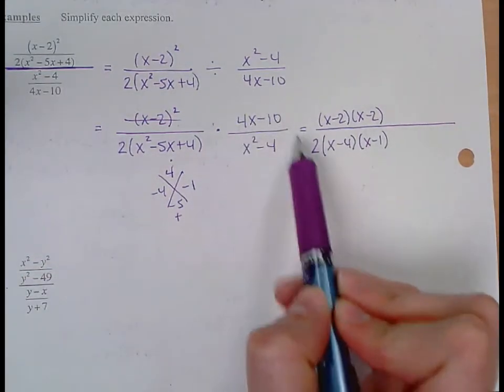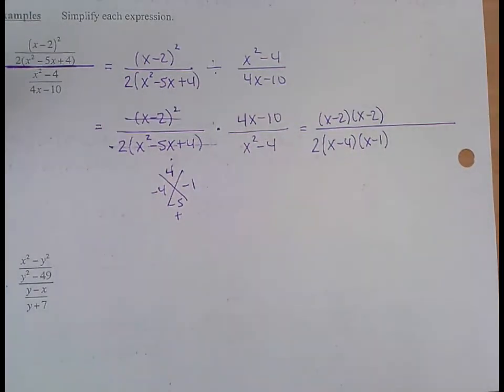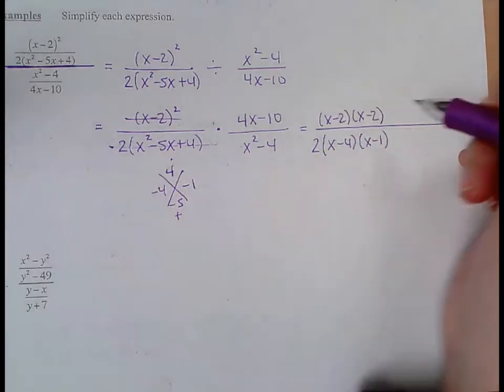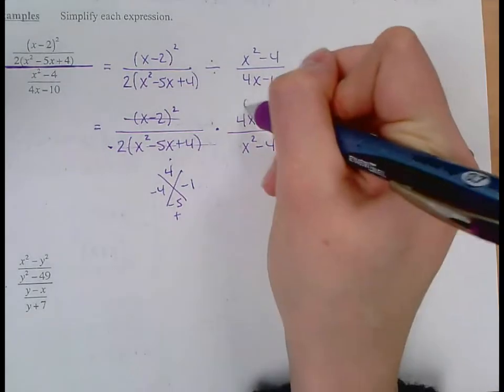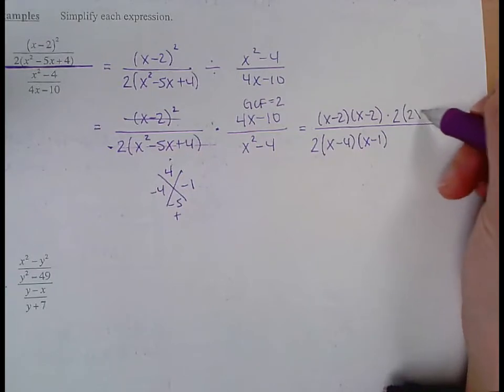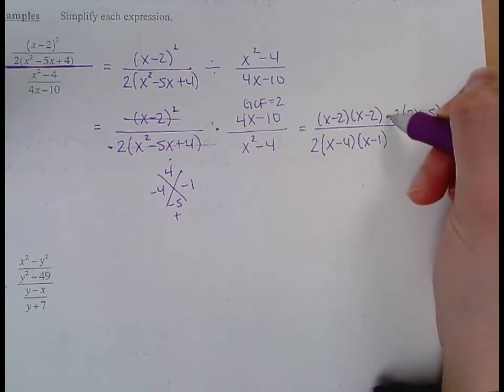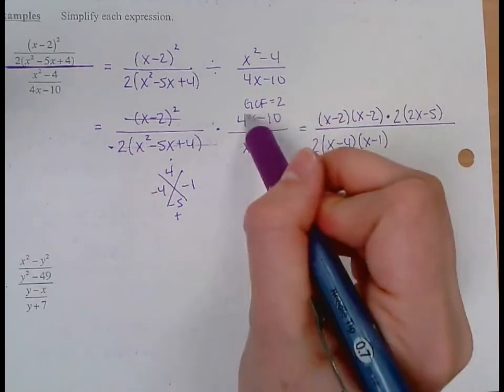And then if I move on to my second fraction, on the top I have 4x minus 10. How would I write that in factored form? Yes, there's a GCF of 2. So 2 times the quantity 2x minus 5. And that's just being multiplied along the top. So that's factored.